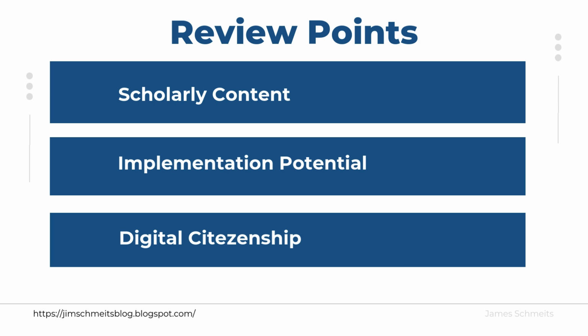And I felt like the ESL Ontario blog did a good job of providing really well-written scholarly articles with peer-reviewed sources to back up a lot of their discussions, specifically on AI literacy. So I would say the ESL blog, as far as scholarly content, won between the three.